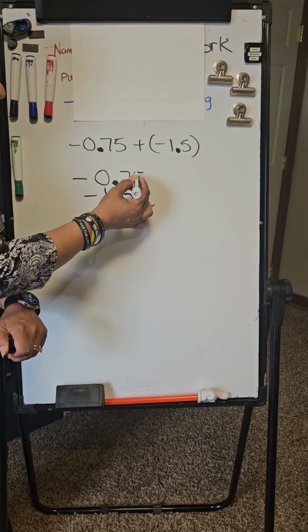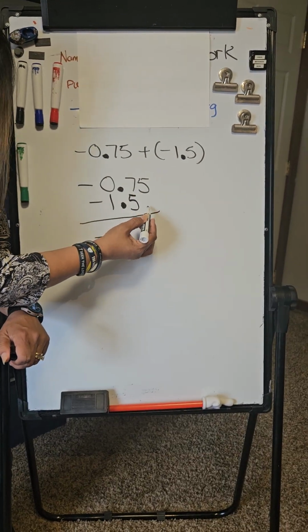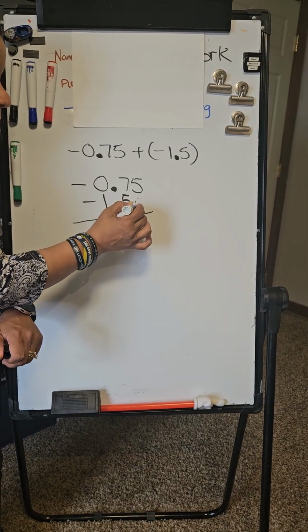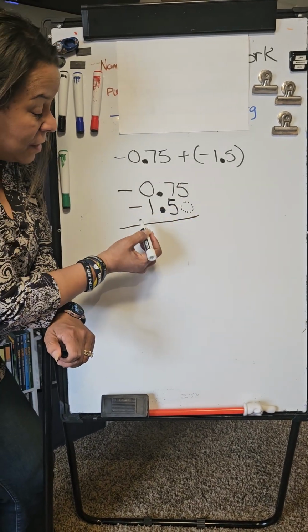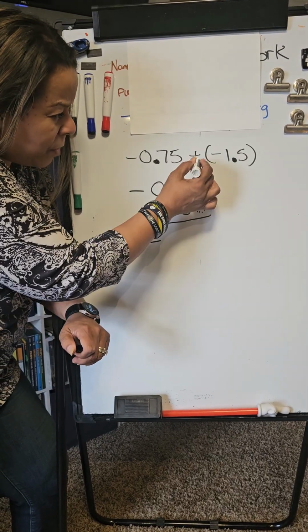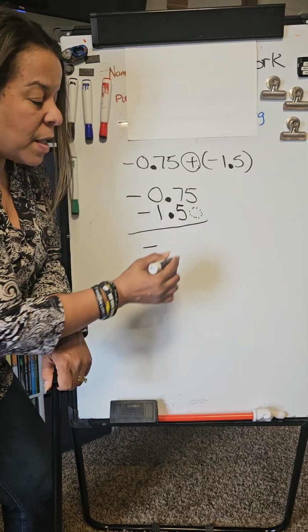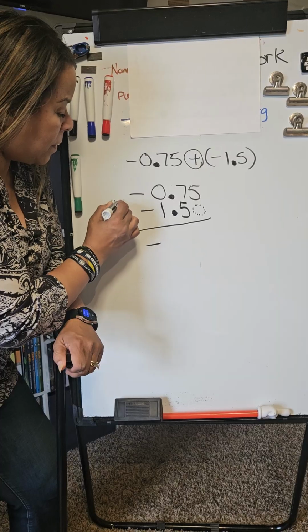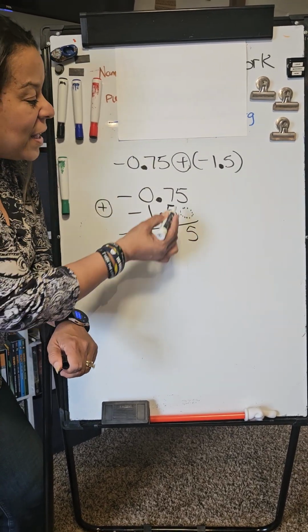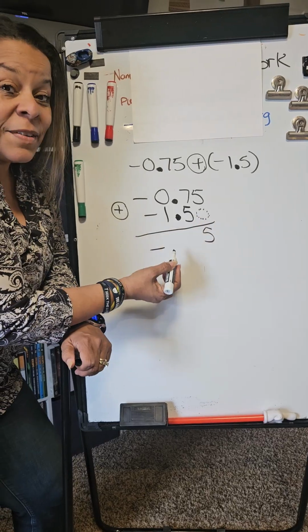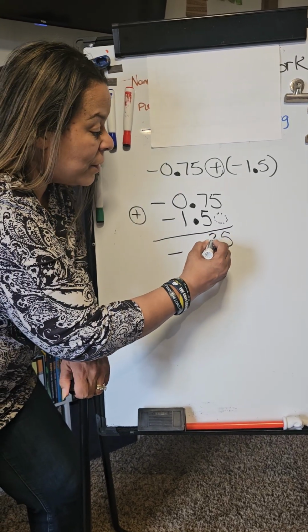Now, let's start adding. 5, and there's nothing down here. So that's sort of like saying you have an imaginary 0 there. 5 plus 0, because remember we're adding, 5 plus 0 is 5. 7 plus 5 is 12.